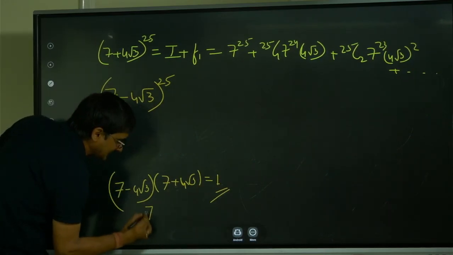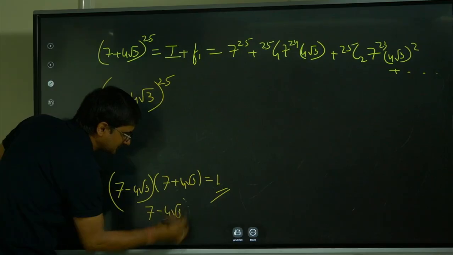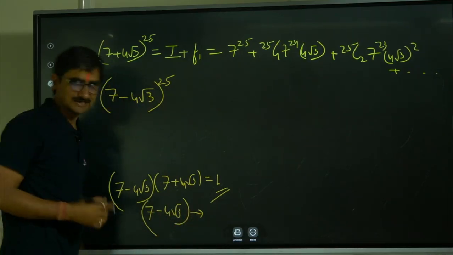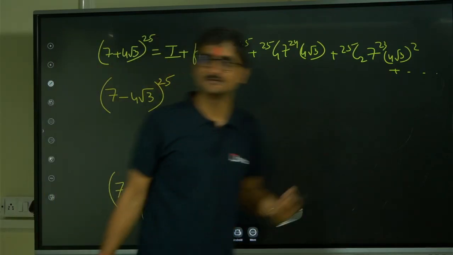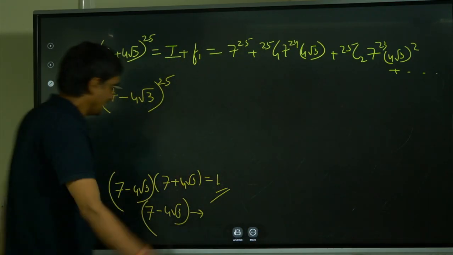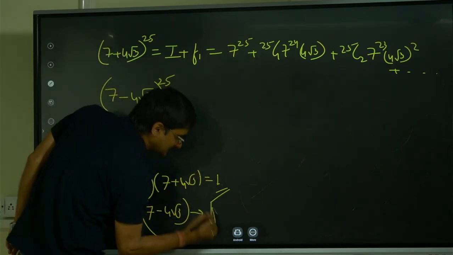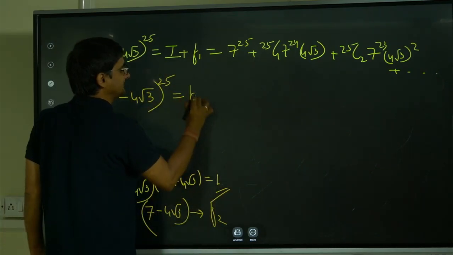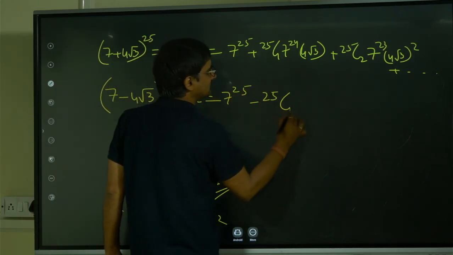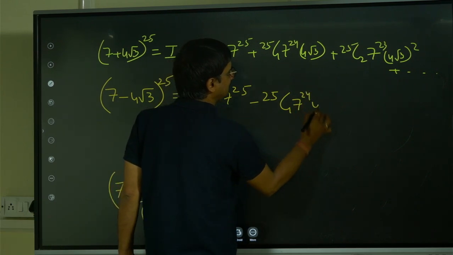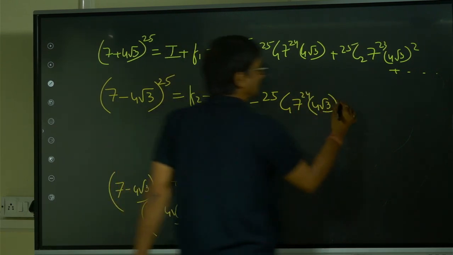Now, doesn't that tell us that 7 minus 4 root 3 is a fraction? It has to be greater than 0. That's why I always suggest that you ensure that it is positive, and of course less than 1. So it's a fraction. I call it f2. So as f2, open it, and then what I always say is add or subtract, depending on whichever gives us an integer on the RHS.